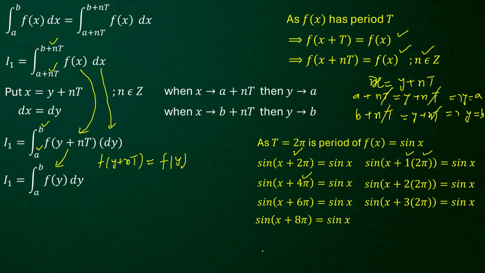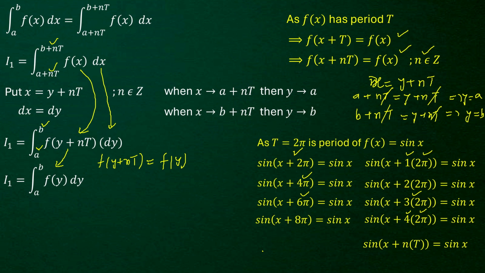Sine of x plus 3 into 2 pi, 6 pi can be written as 3 into 2 pi. And x plus 8 pi can be written as x plus 4 into 2 pi. Now we generalize it and write sine of x plus n into t is equal to sine x.